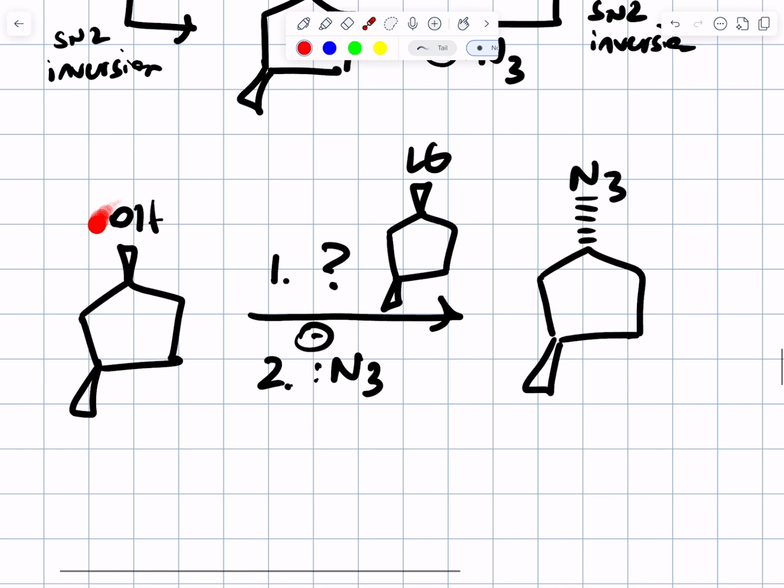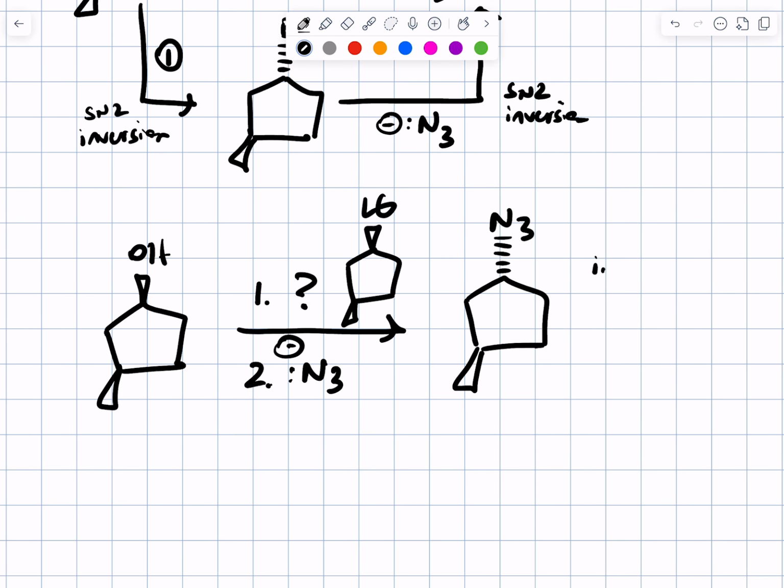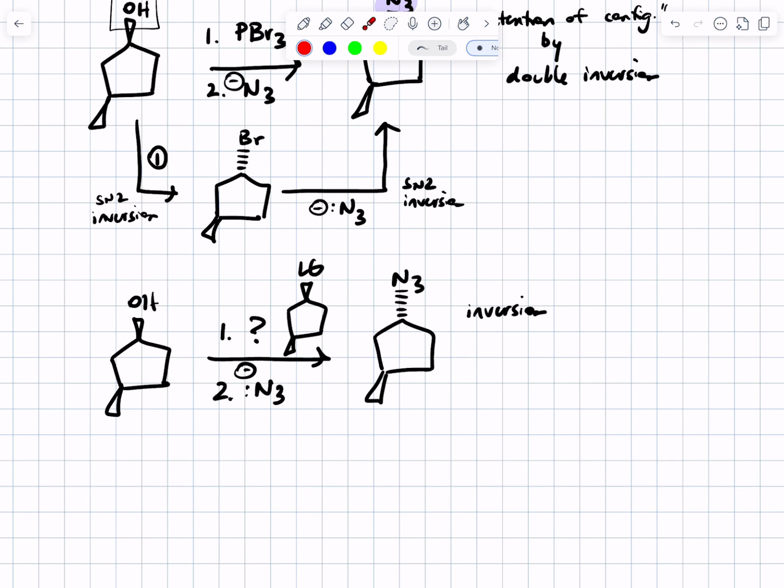Doing this reaction where we replace the OH with the nucleophile and we get inversion of configuration is a little trickier, because the only way we know of so far to turn the OH into a good leaving group involves inversion of configuration. So the azide attack is always going to involve inversion of configuration. The question is, can we turn the OH into a good leaving group without inversion of configuration? So we don't have to do double inversion.